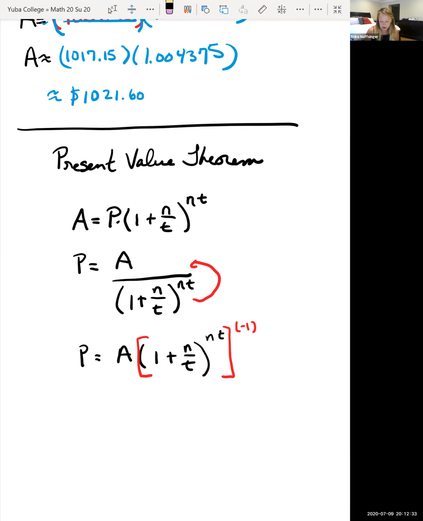So the power-to-a-power rule of exponents was multiplication. So our formula for present value of an amount, if we want to figure out how much we have to invest to get a certain amount after a certain time, would be this formula: P equals A, all times 1 plus r over n, all raised to the negative nt power. I don't really need that bracket there anymore.